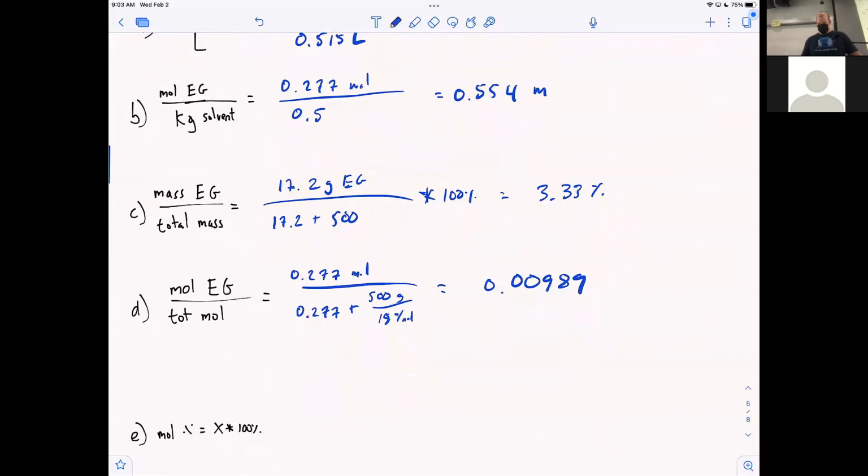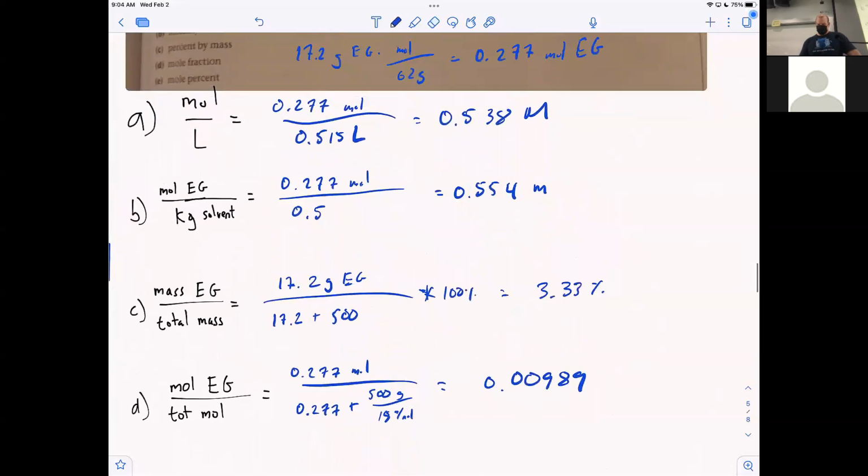And then the mole percent is just the mole fraction times 100%. Oh, actually, no, I got no zeros, just 0.989%. Yes, I can multiply by 100 without a calculator.